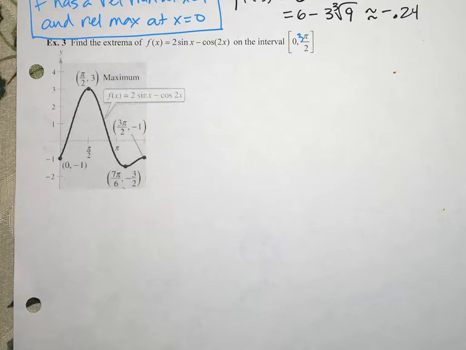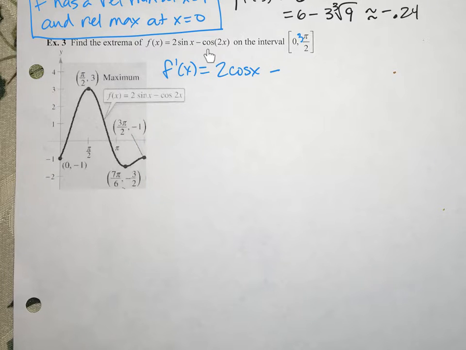So if f of x equals 2 sine x minus cosine 2x, then the derivative f prime of x would be equal to, well, the derivative of 2 sine x would be 2 cosine x. So 2 cosine x, and then minus, now when we take the derivative of cosine 2x, we're going to have to use the chain rule because this is the cosine of a function.